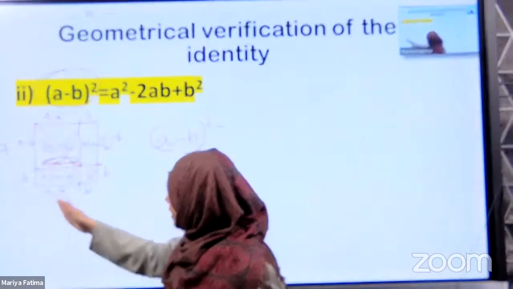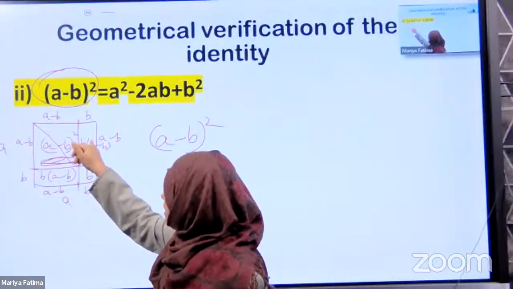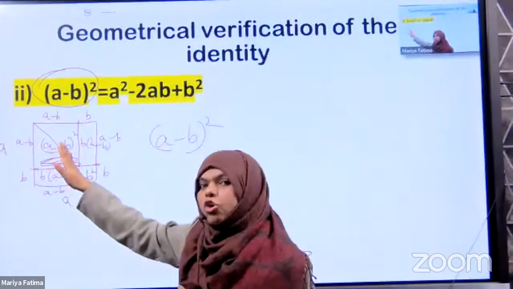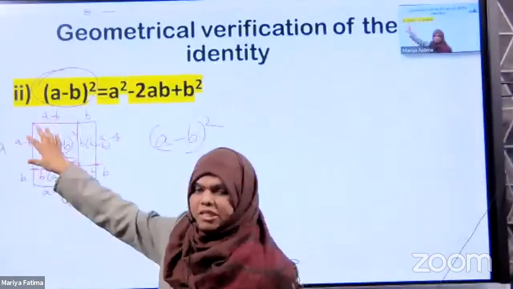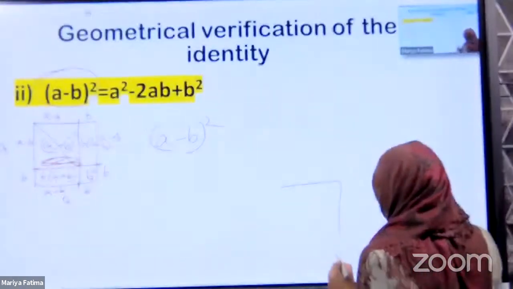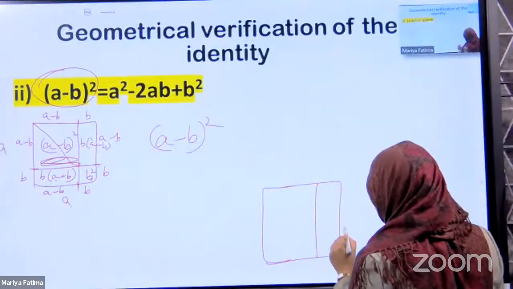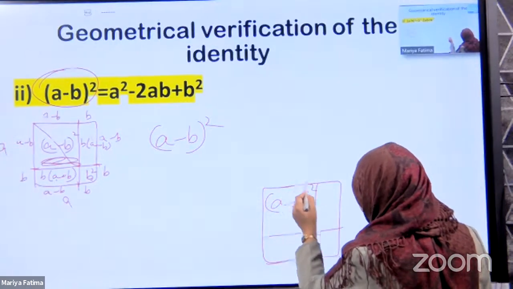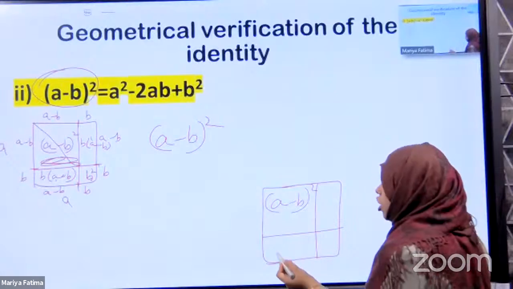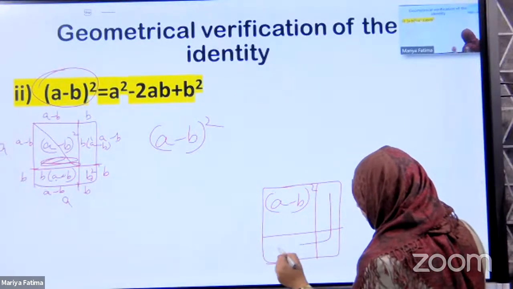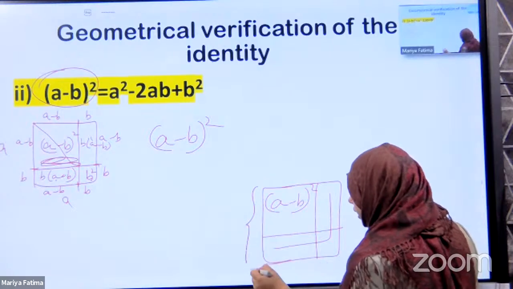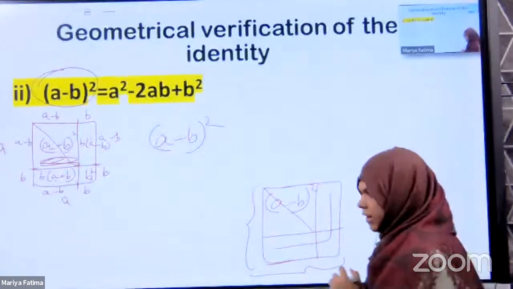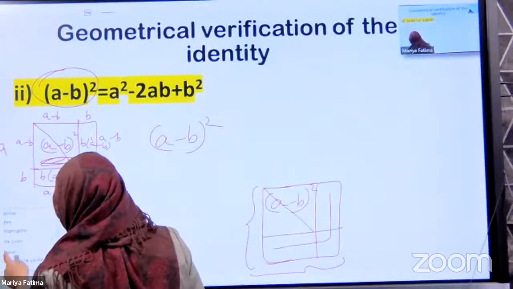So if we subtract these 3 areas from the complete square, you will get the area of a minus b whole square. This much part. Are you getting my point? This is your square and this is your a minus b whole square. Now you have to find out the area of this square out of this square. So if we subtract this much area from the total area of the square, you will get this part. Clear? So we have to subtract like this.